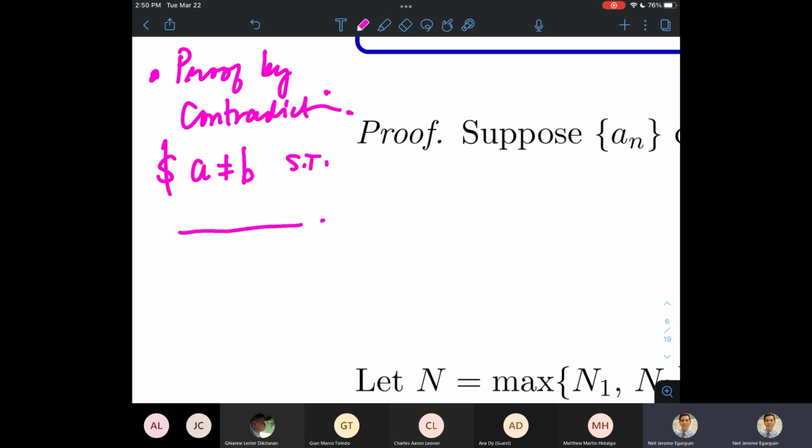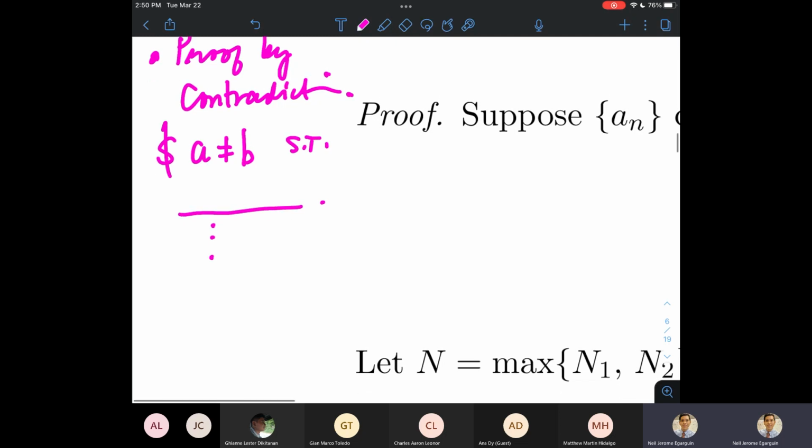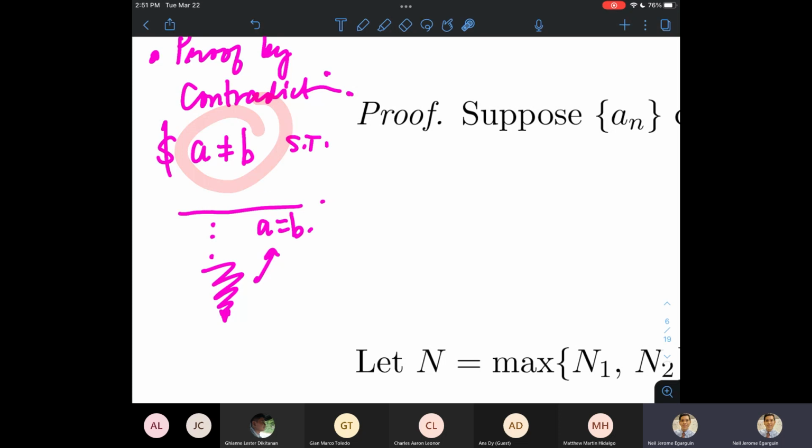Okay? Tapos, ang goal mo, gumamit ng logical arguments from your assumptions and so on, tapos mag-come up ng isang contradiction. Okay? And the usual contradiction na nakukuha sa ganitong klase ng proof by contradiction ay A being equal to B. Using some results or some consequences of some results, mapapakita natin na necessarily A is equal to B, which violates your initial supposition that A is different from B. Pero you can rewrite this.